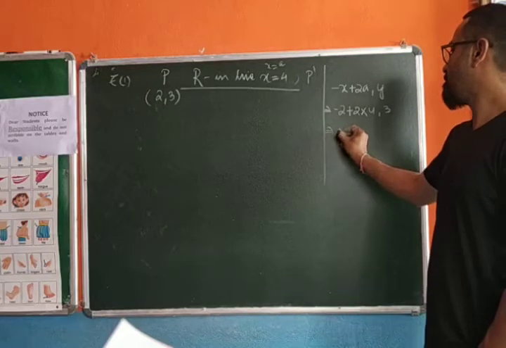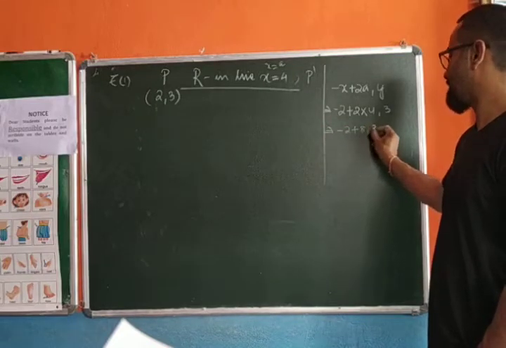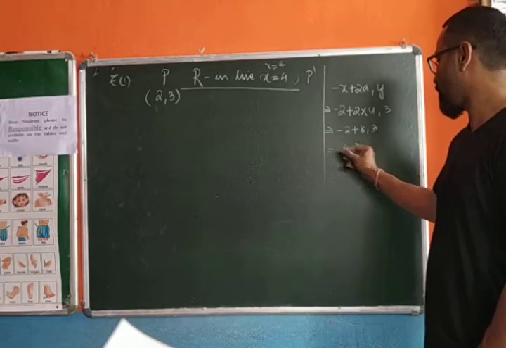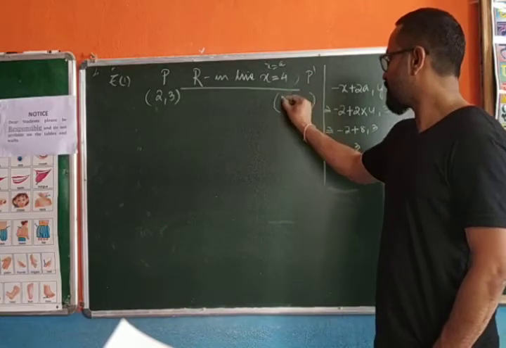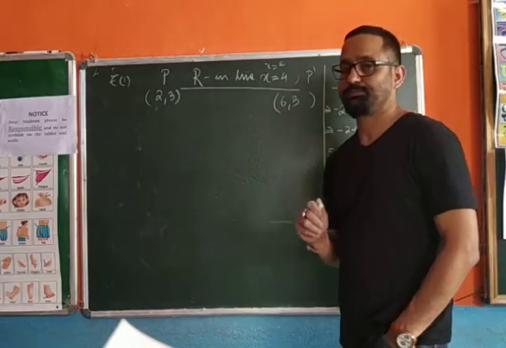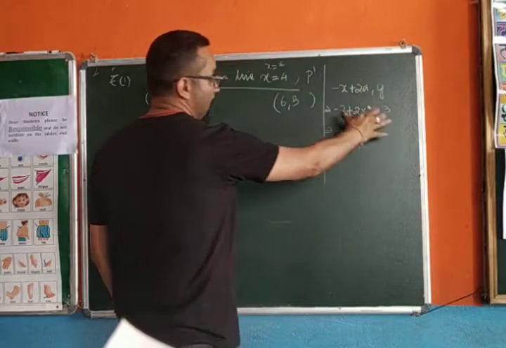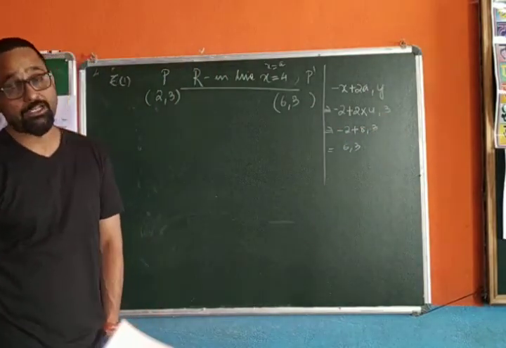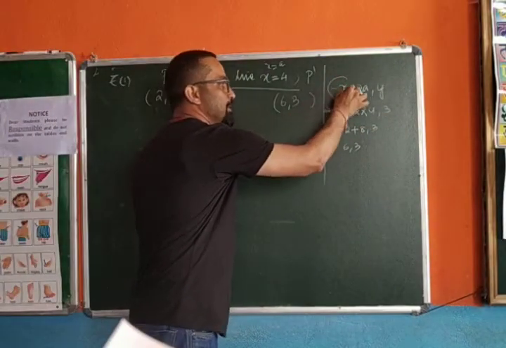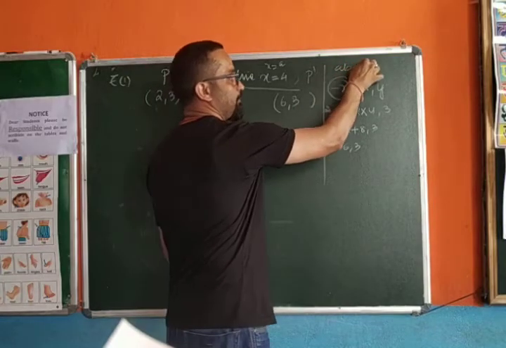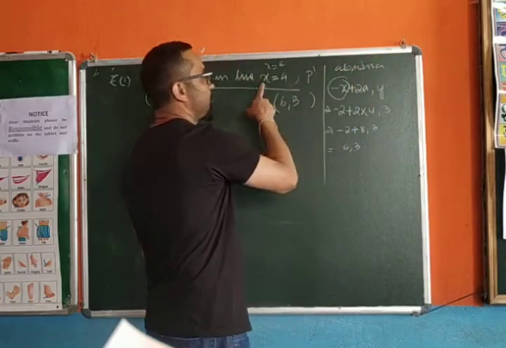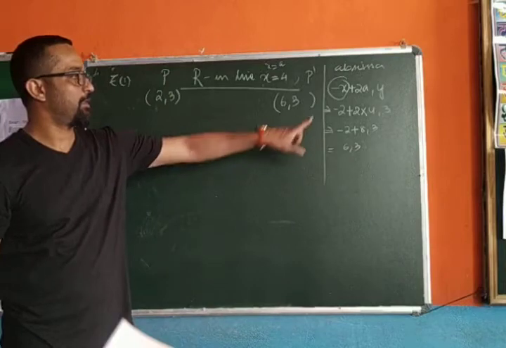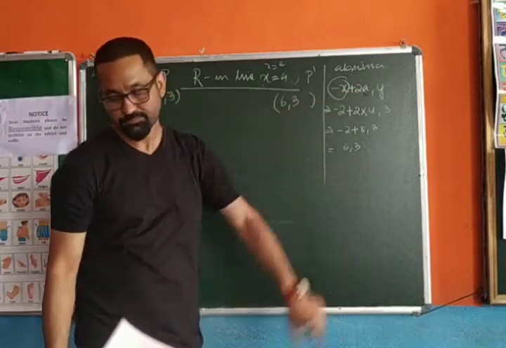Simplify this. -2 plus 8, 3, which equals 6, 3. Coordinate is 6, 3. And when you look at the formula, please do not get mixed up. X is abscissa, not this line. Line is a.